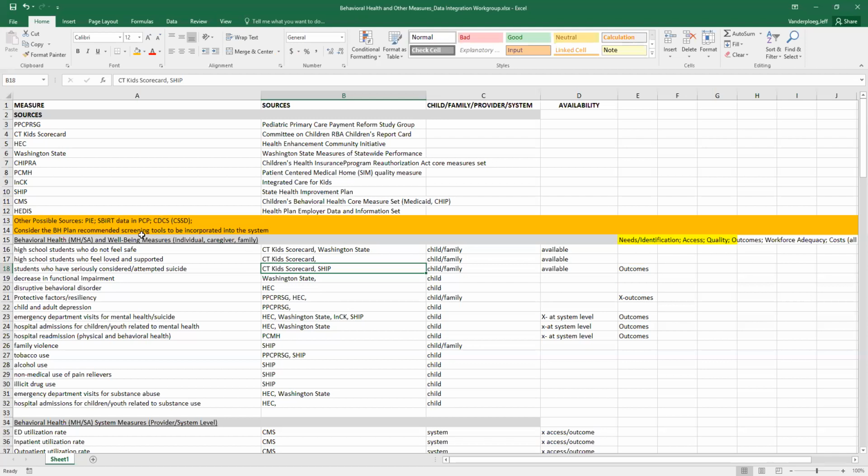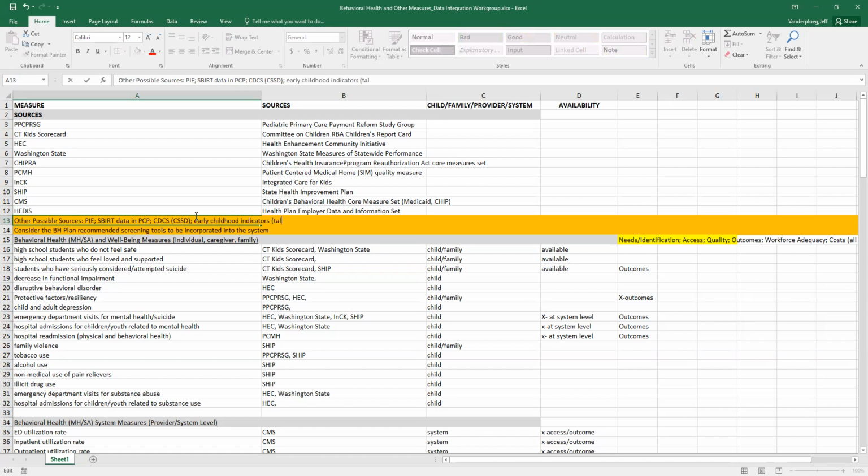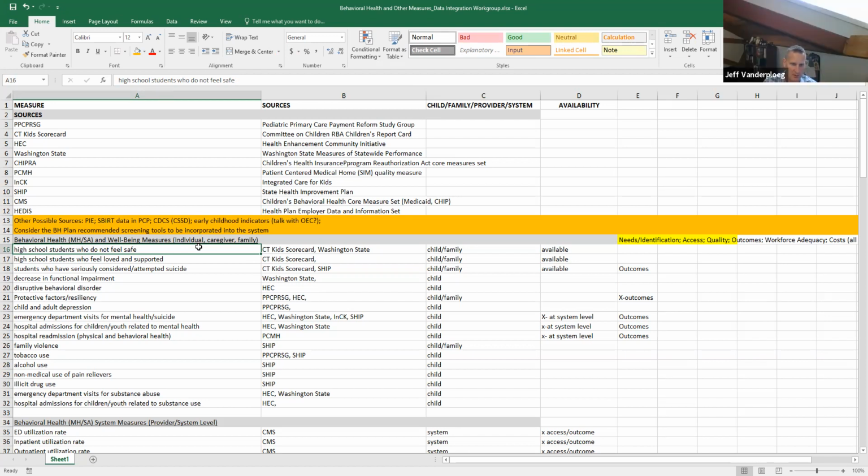Let's make sure we're capturing those. In our optimal system, that would be something we'd want to emphasize, that we're screening early on and connecting parents to resources in a pediatric context. Yeah, good point. And tracking how we do with that.